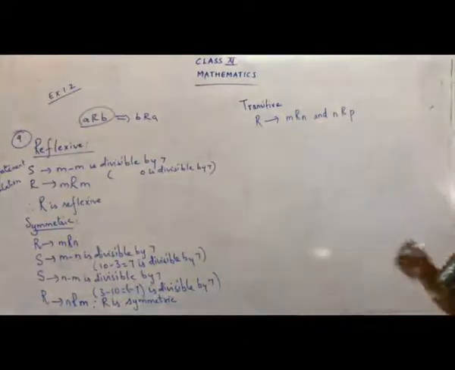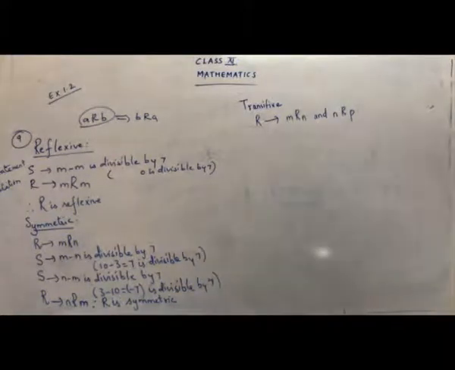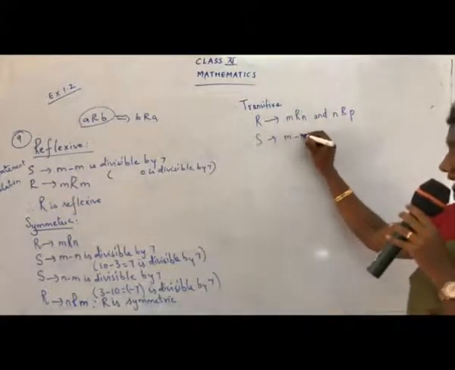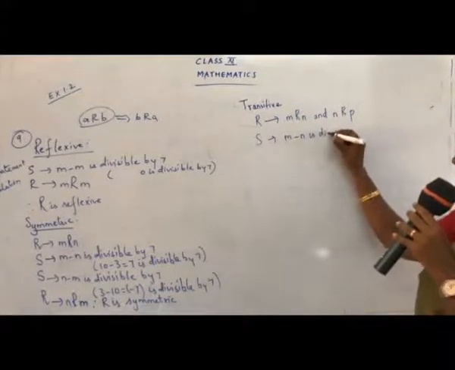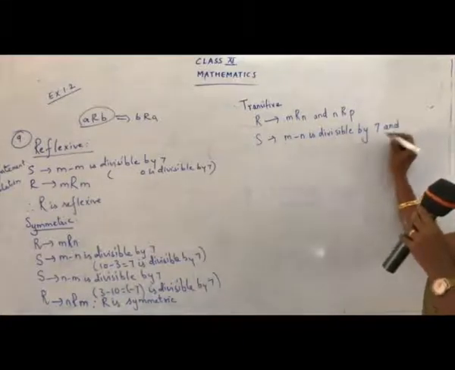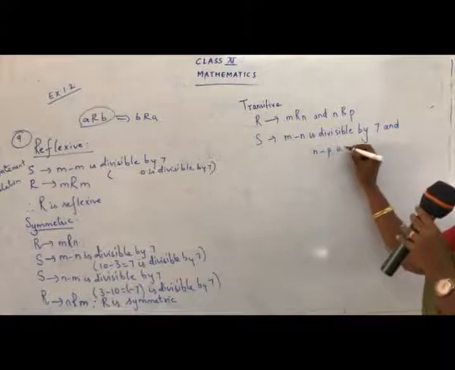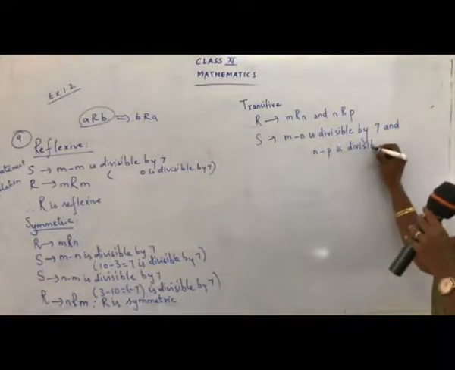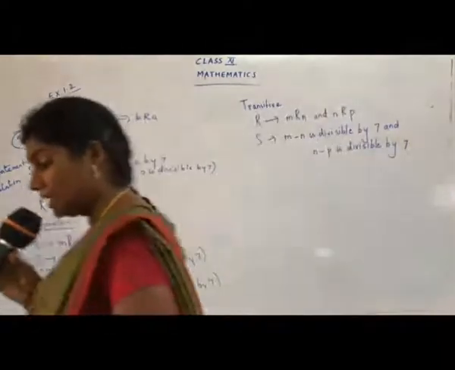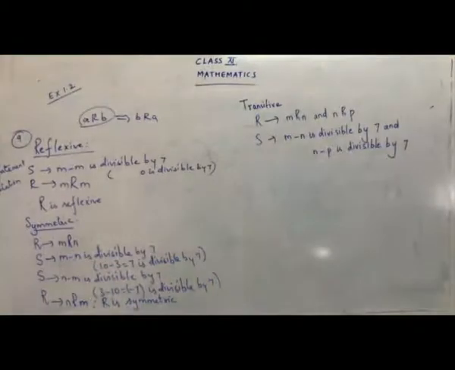M and N are already there in the question, so I just take a new element as P. So M is related to N and N is related to P. Let's write the statement for it: M minus N is divisible by 7, and N minus P is divisible by 7.